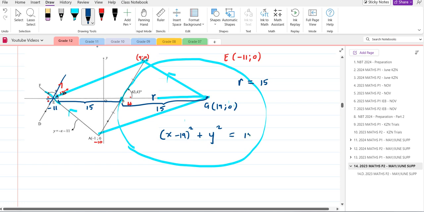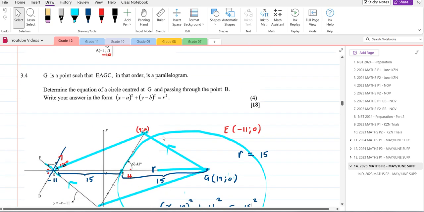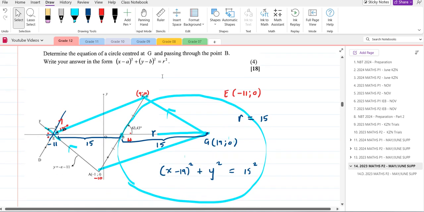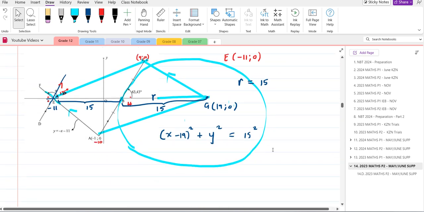So that is 15 squared. They wanted it in r squared form, so I got 15 squared. So we can simplify this: x minus 19 all squared plus y squared is equal to 225, right?